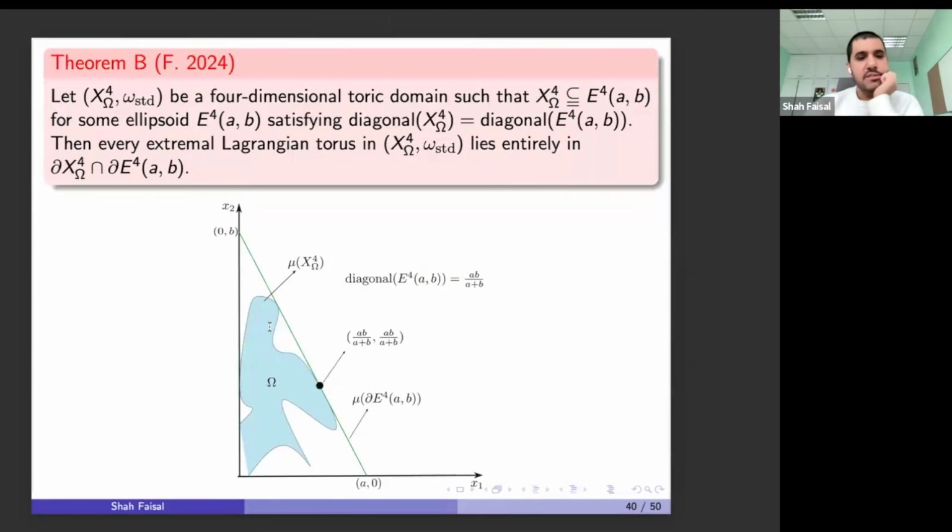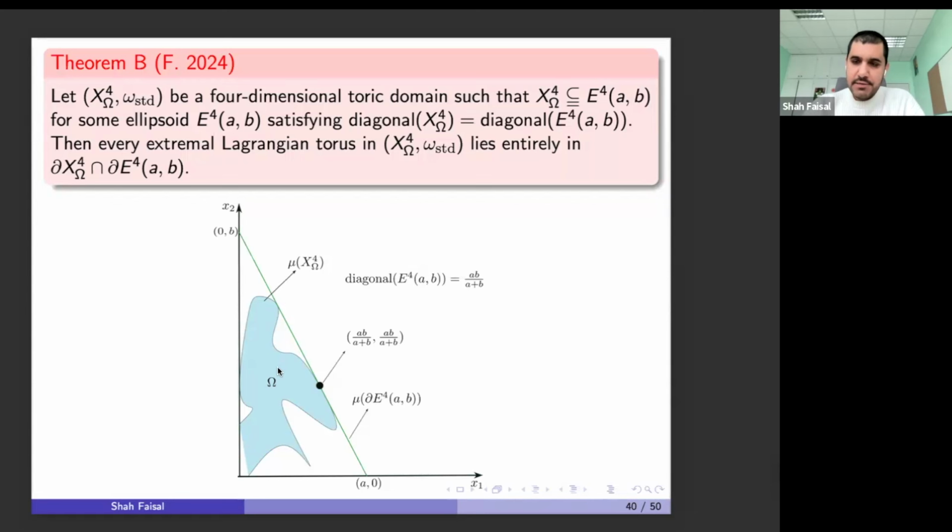In dimension 4, take any toric domain that can be enclosed in some ellipsoid of the same diagonal. In this picture, this triangle is representing my ellipsoid, and this green line is the boundary of the ellipsoid, and this bluish area is representing the toric domain that has the same diagonal with the ellipsoid.